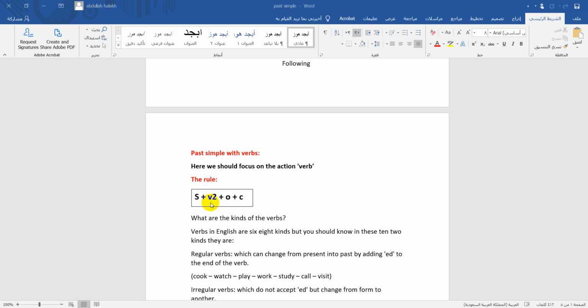طيب، كم هي أنواع الأفعال؟ What are the kinds of the verbs؟ قبل أن نأخذ القاعدة وقبل ما نبدأ نتكلم فيها ونشرح الأمر تبعها لازم نفهم إيش يعني أفعال.